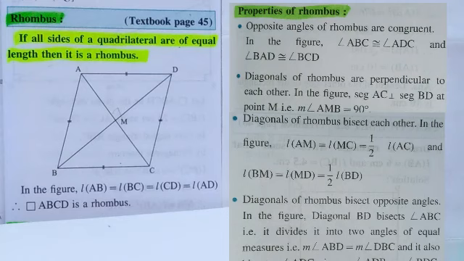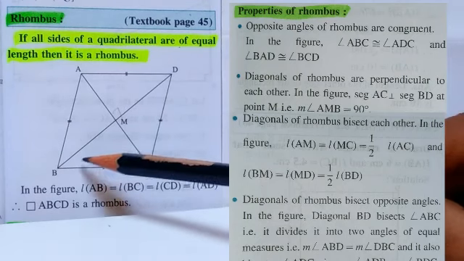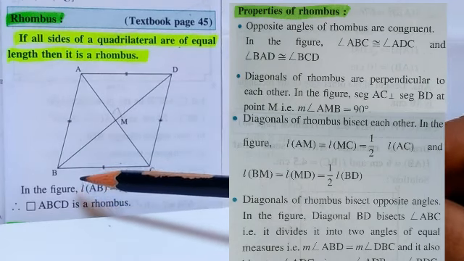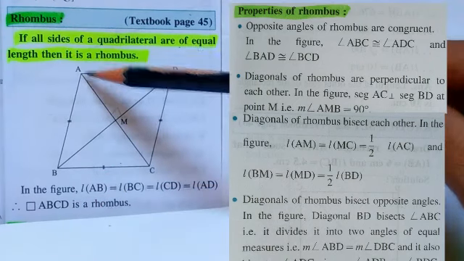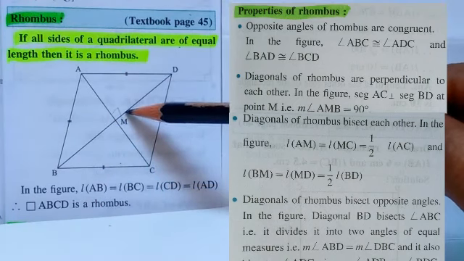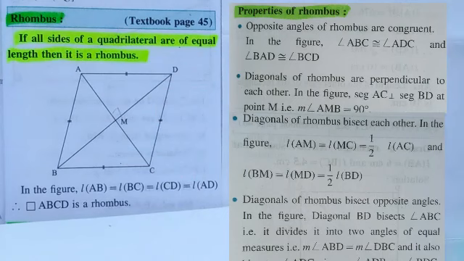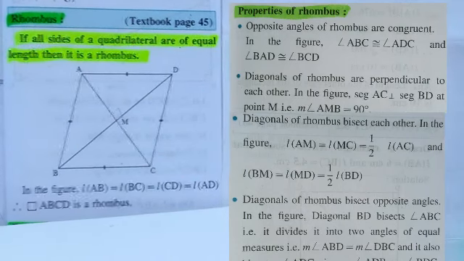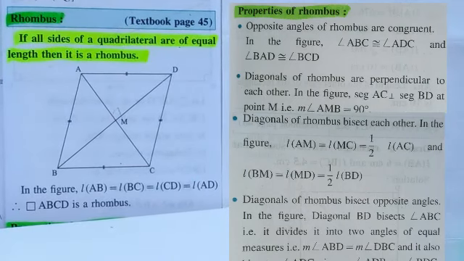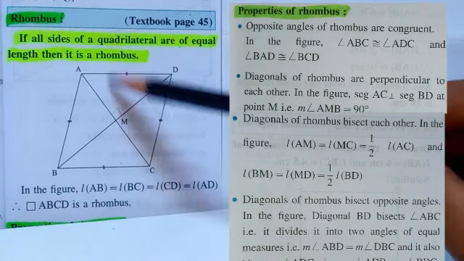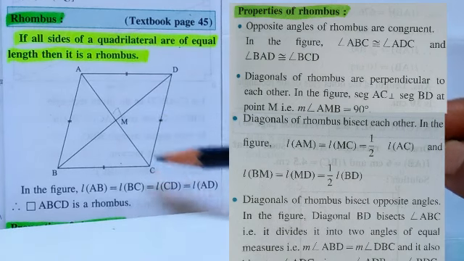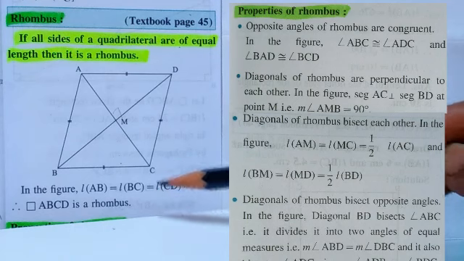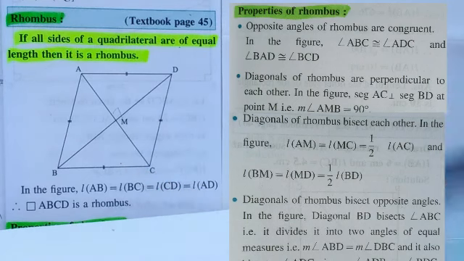In a similar way, segment BD is perpendicular to segment AC, which also creates 90 degrees at the intersection point. The next property of the rhombus is that the diagonals of a rhombus bisect each other. So the length of AM is equal to the length of MC, which is just half of the length of AC.